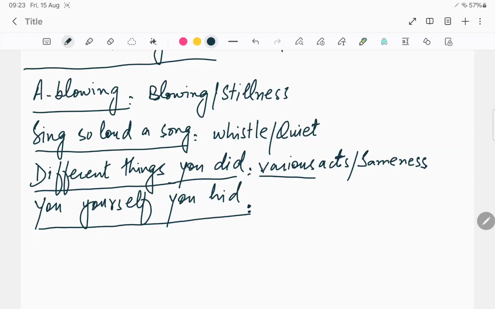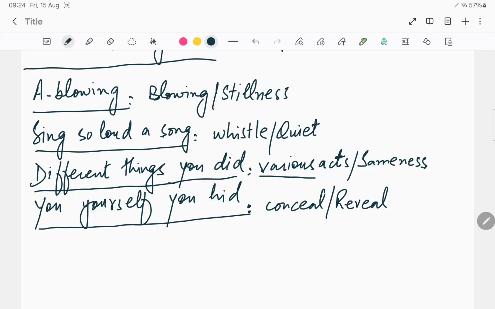Well, here again, the poet is saying that the wind has an invisible quality. So we may say that it actually means to conceal or hide yourself from somebody, and obviously the antonym will be to reveal or come in front.